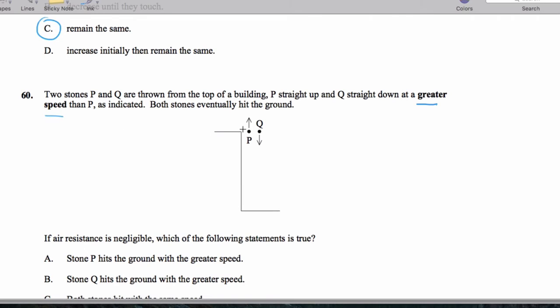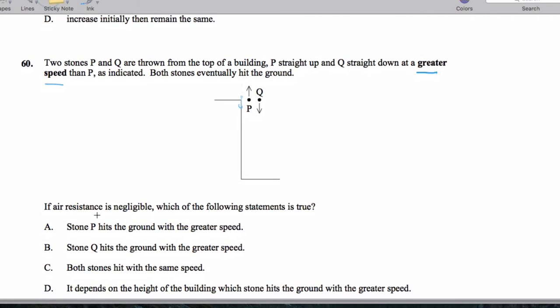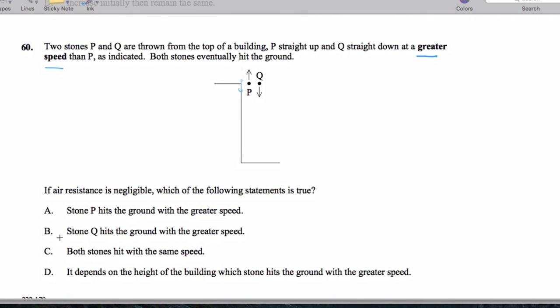So P launches up into the air, comes back, going downwards at a speed less than Q, which means Q is still going to hit the ground with a greater speed. So that's question 60. Like I said, I'm picking up the pace a little bit only because of repeating concepts, and that's going to kind of continue as we go through the videos.